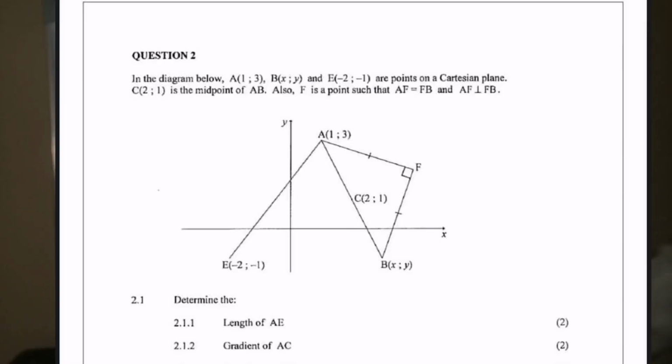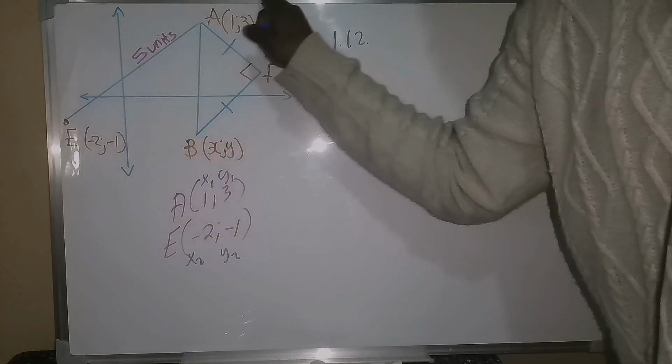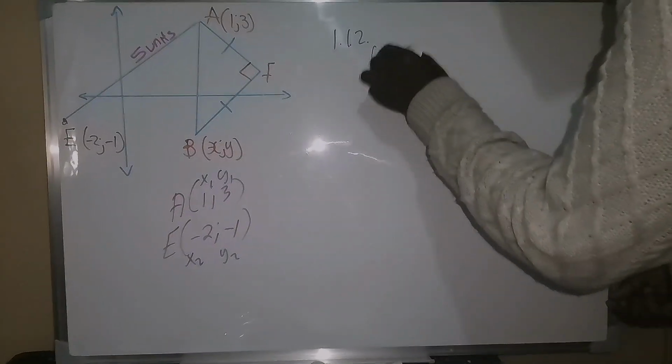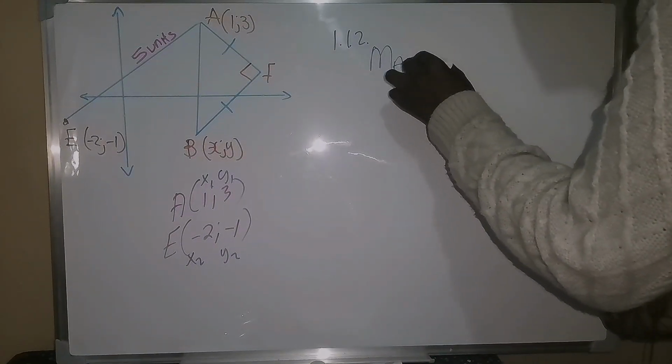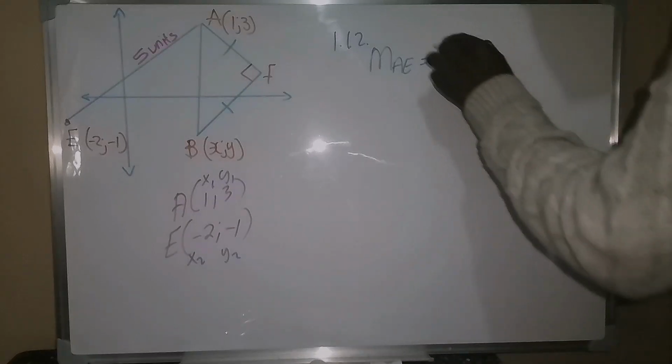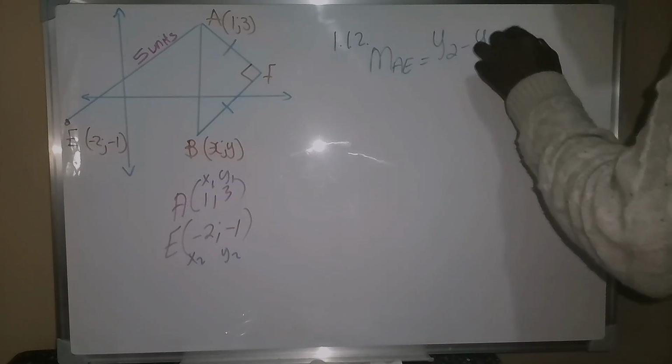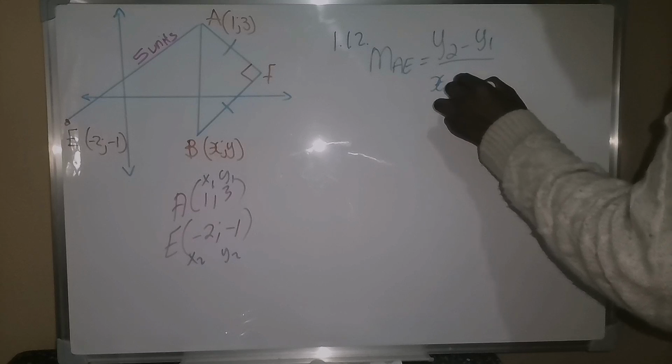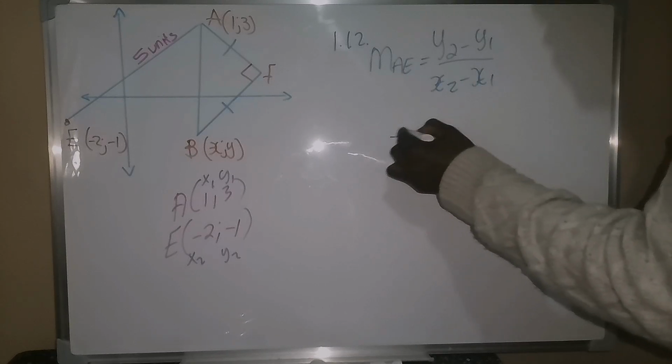It says determine the gradient of AE. It's very simple. The gradient of AE equals y2 minus y1 over x2 minus x1. Very simple, guys.